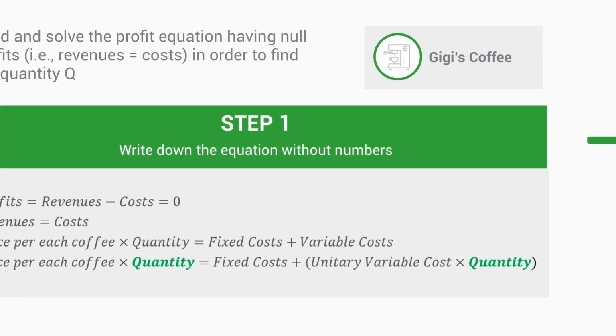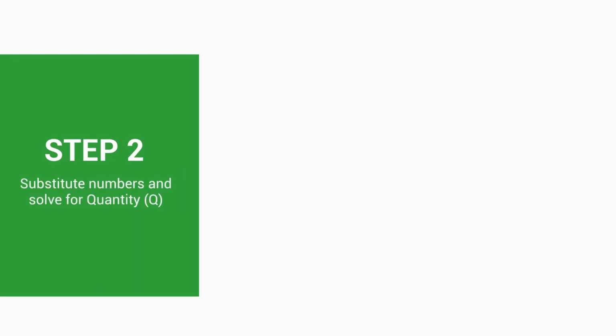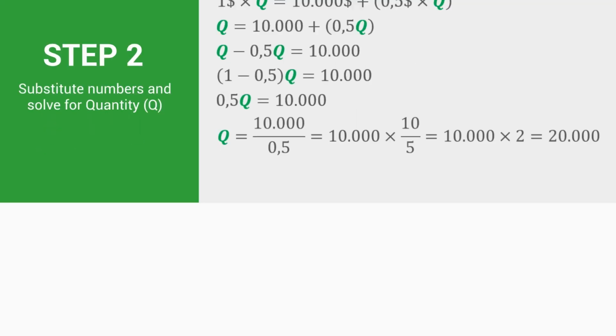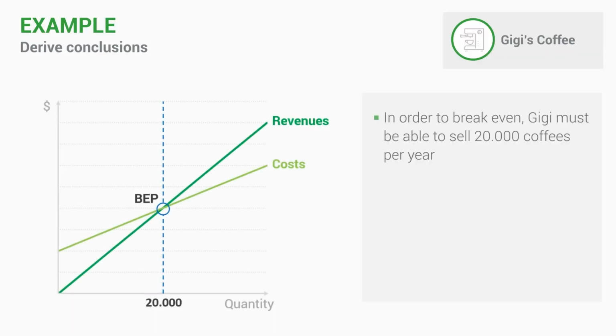The second step is to substitute in the numbers we have and solve for the quantity Q. Thus, $1 times Q equals $10,000 plus 50 cents times Q. Solving, we are left with Q equaling 20,000 units. We can conclude then that in order to break even, Gigi must sell 20,000 coffees per year.